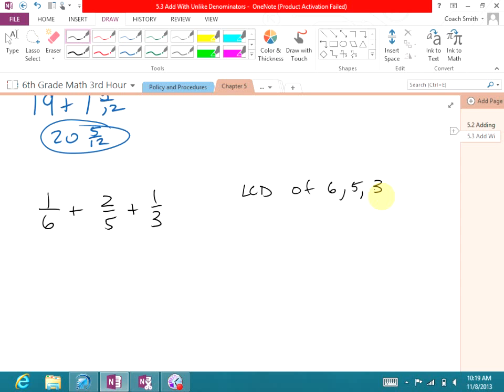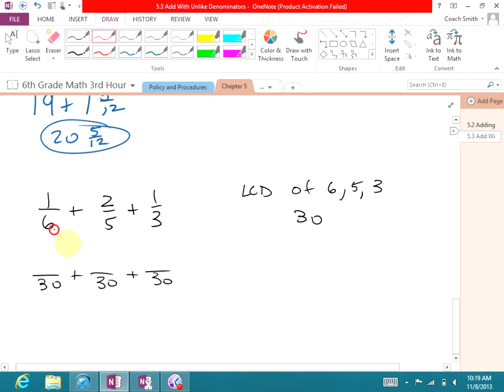Count by 5s. 5, 10, 15, 20, 25, 30. Okay, so far we've run into 30 first. Well, if you count by 3s, will you run into 30? Yes. So our common denominator then is 30. So I'm going to put a fraction with 30, a fraction with 30, and a fraction with 30.